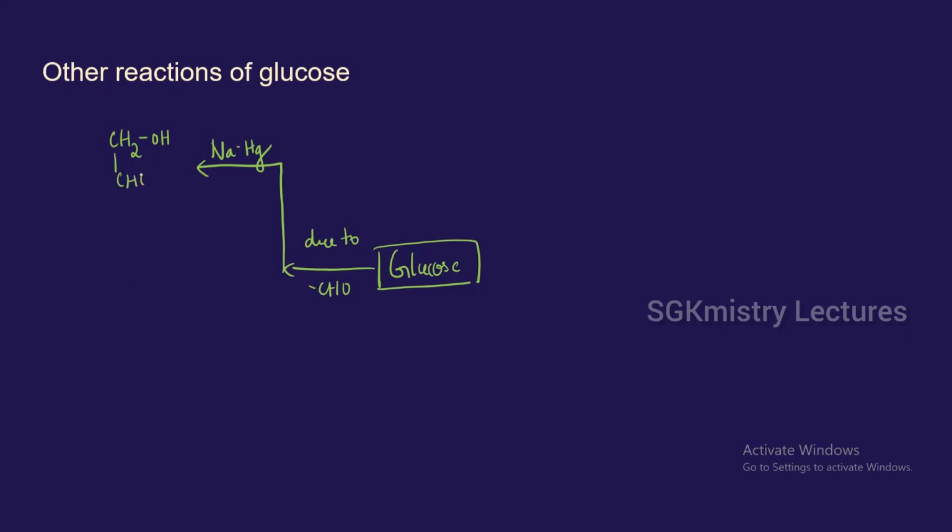The aldehyde group gets reduced to the primary alcohol group. This particular compound is called sorbitol. So in the presence of sodium amalgam, the aldehyde group is reduced to the primary alcohol group.